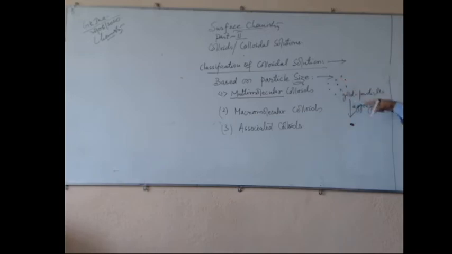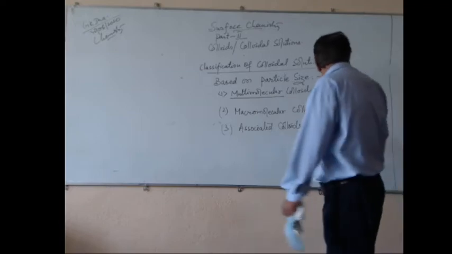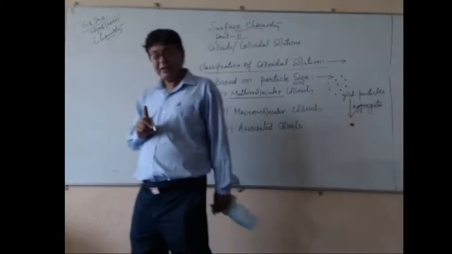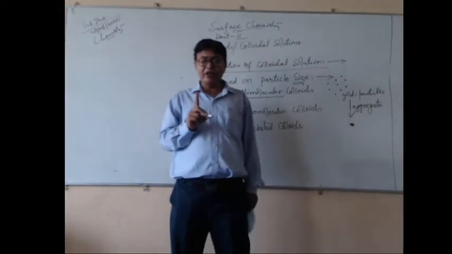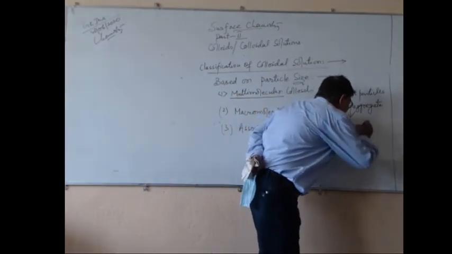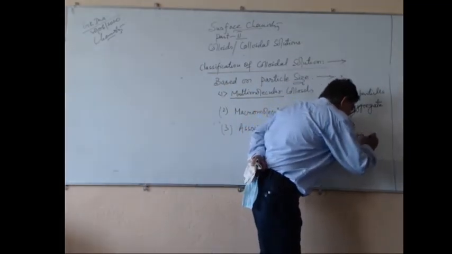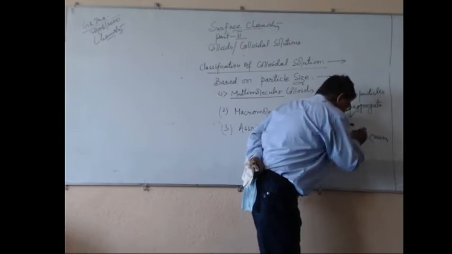Different molecules aggregate together to form a single molecule, the size of which falls within colloidal range. This means here the size is less than 1000 nanometer and greater than 1 nanometer.